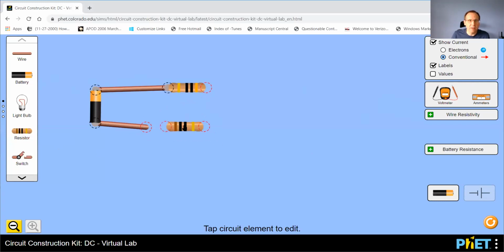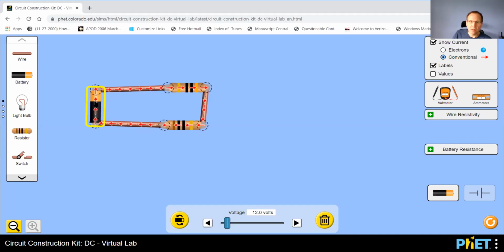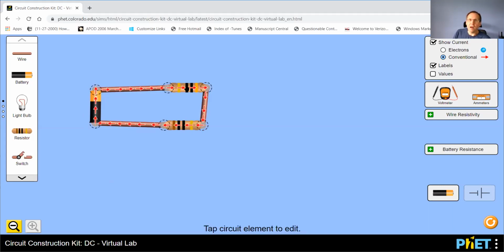Maybe put the second one down here somewhere. And then maybe another wire that connects those two. So that would be the circuit, right? But make sure that your battery has the correct voltage. I believe it was 9 volts again.